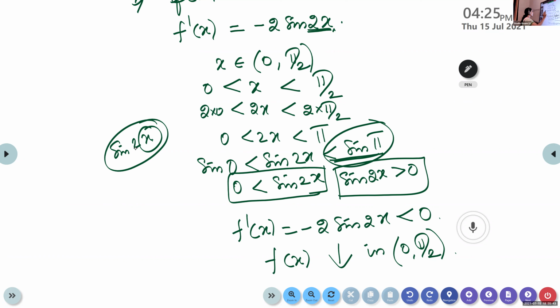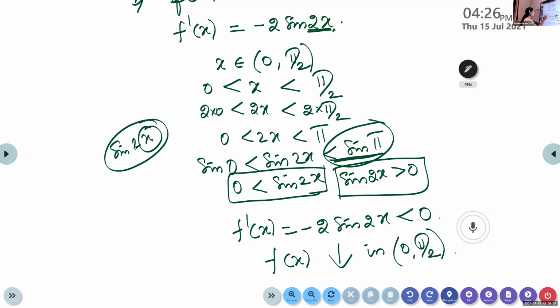When you do it, you should do it throughout the inequality, not for one term. So throughout this inequality, we multiply by 2. So 2 into 0 is less than 2 into x is less than 2 into pi by 2. Now what is 2 into 0? It is 0, less than 2x, which is less than pi.